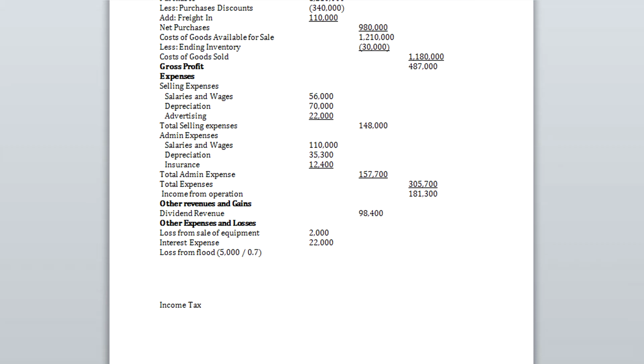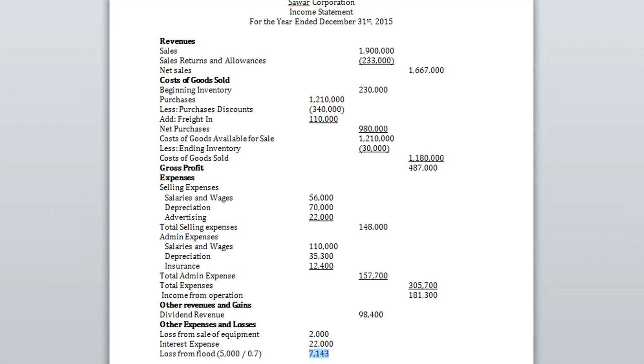A little bit of a weird formula there. Hopefully you guys can memorize that and understand it because it is so important. If we follow through, we'll figure out that the pre-tax loss from the flood is $7,143.